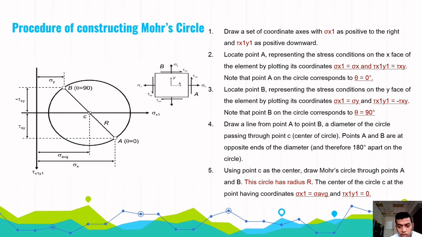Next, we have to locate point B, which represents the stress condition on the y-face of the element by plotting its coordinate sigma x1 equal to sigma y and tau x1y1 equal to negative tau xy. Note that point B on the circle corresponds to theta equal to 90 degree.